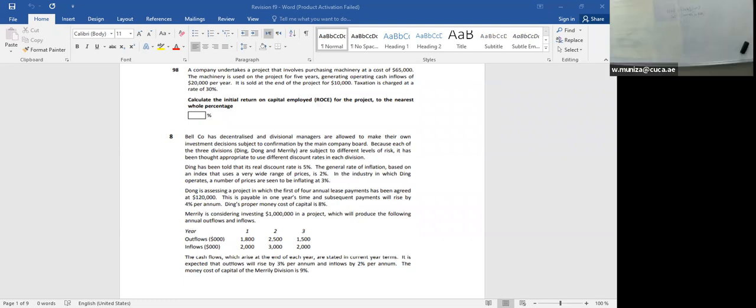Okay, so Angelica, what is your outflow for the year 1? They have given us an outflow as 1800. But what are you going to do?